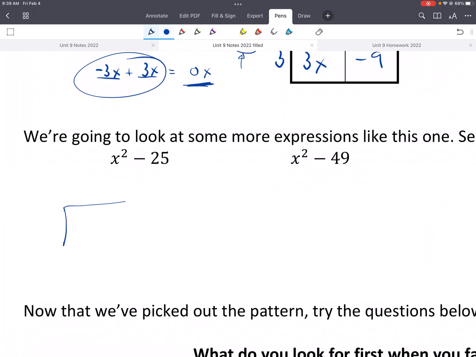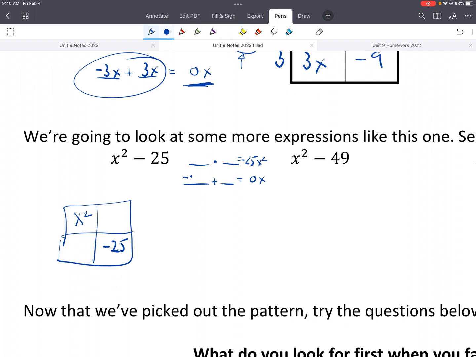So we have this box. We know that's got to be x squared, and that's got to be negative 25. What's going to multiply to give us negative 25 and add or subtract to give us 0? Again, it's got to be the same number with opposite signs, like 5 times 5, which is 25.